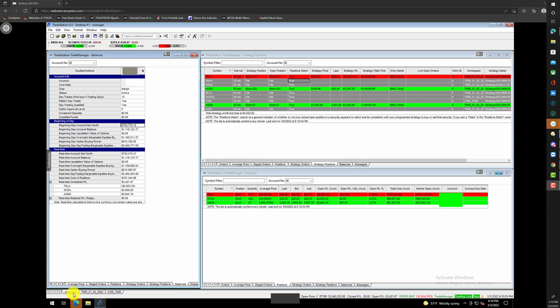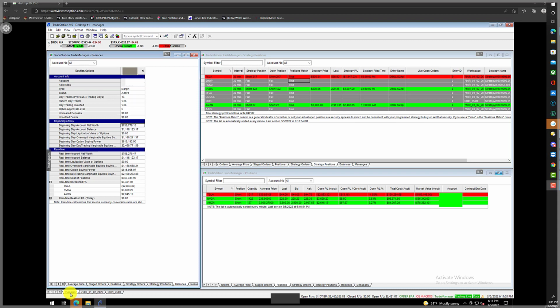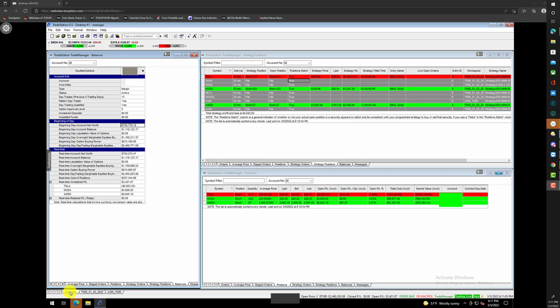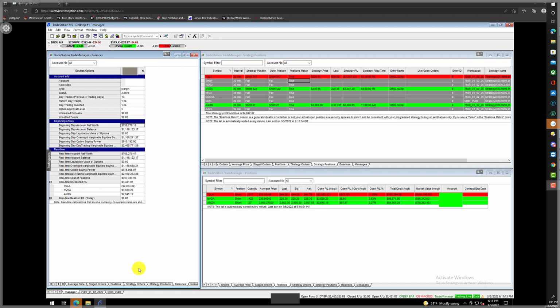There should be at least more than one tab at the bottom here, at least two actually. And the one that we're talking about today is called the manager. In the manager tab, you'll have at least three windows. You can think of these three windows, or this tab, as like logging into your bank account.